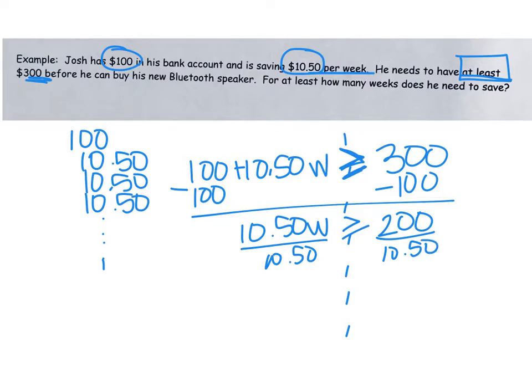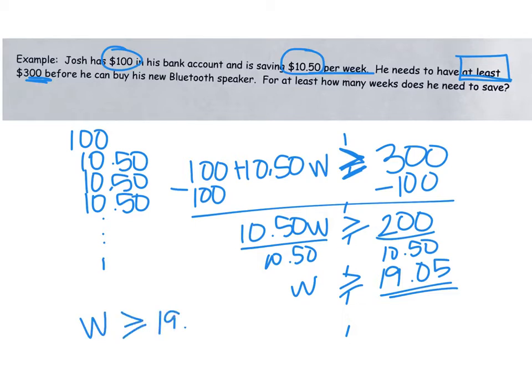And it looks like W has to be greater than or equal to 19.05 if I round. 200 divided by 10.50 is 19.05-ish. I rounded a little bit. So it looks like at 19 weeks he won't have enough. So my answer is that W must be greater than or equal to 19.05.